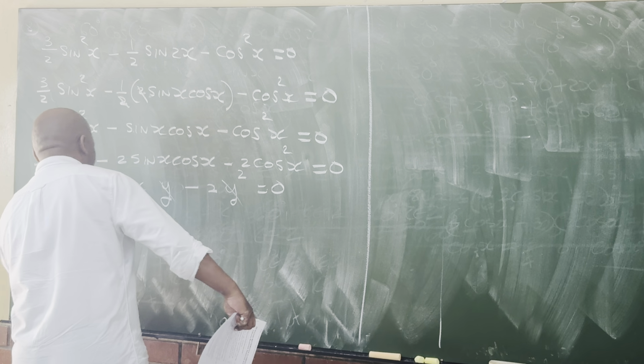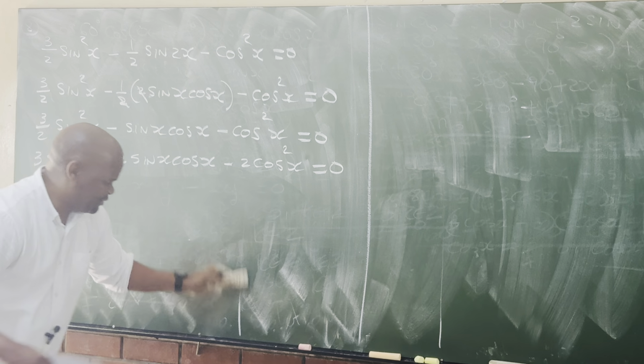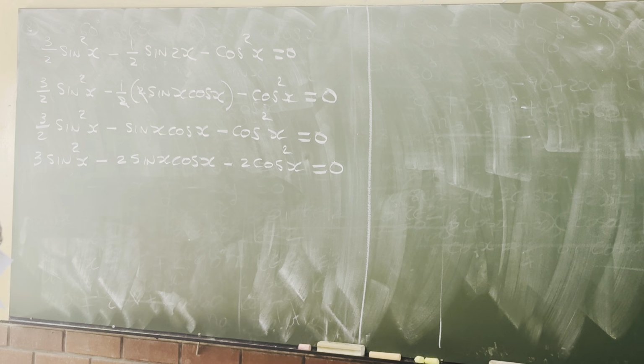There is another method which was proposed by Mr. Ndelu, who is doing, I think, computer science at UCT. In this problem, he said we can divide by cos squared. If you divide everything by cos squared, let's try that. What will happen if you divide by cos squared in this term?